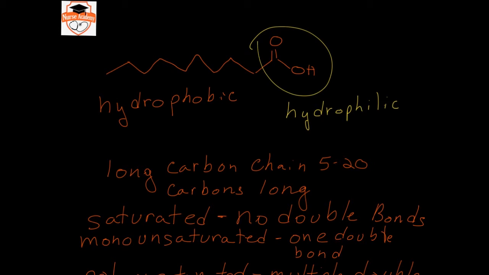Now, that being said, the same thing that allows our body to break down the unsaturated fatty acids, the ones with the double bonds, has a downside. A saturated fatty acid means every carbon in the chain is saturated with hydrogens, with as many hydrogens as it can possibly bond to.